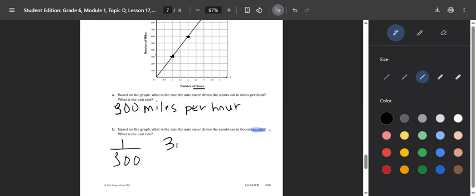So I'm going to do 300 divided by 300 to get 1. And then the number of hours is 1 divided by 300, which is 1 over 300. So the rate the auto racer drives a sports car is 1/300 hour per mile.